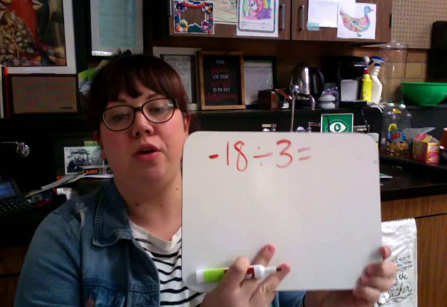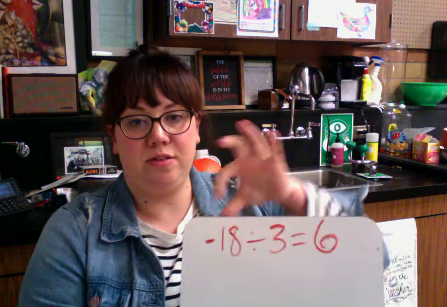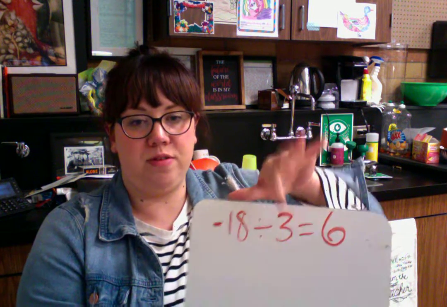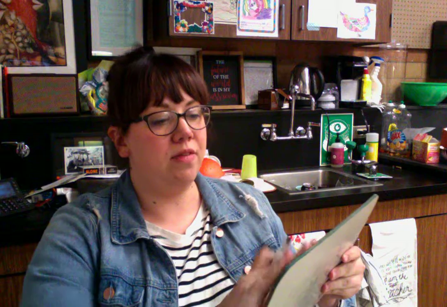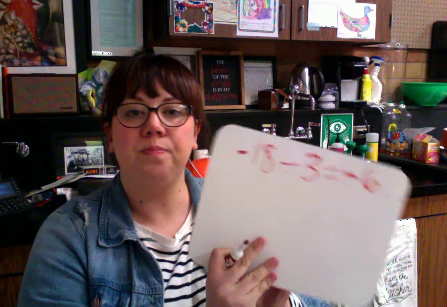Hungry. Okay. Negative 18 divided by 3 equals, well, I know 18 divided by 3 equals 6. And the signs are different. One is negative and one is positive, so the answer is negative. I didn't leave room, so I have to erase: negative 6.